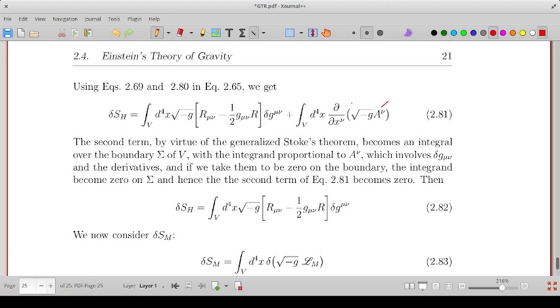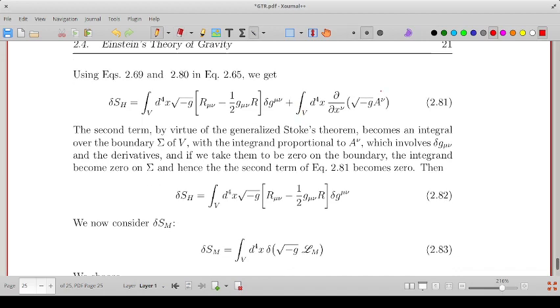And when I take this integral over this using the Stokes theorem, we will get a term that is evaluated on the boundary of this space-time region V, and the integrand will be proportional to A nu, which involves delta g mu nu and the derivatives.